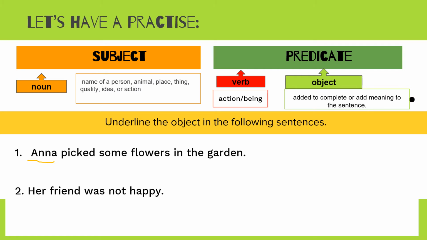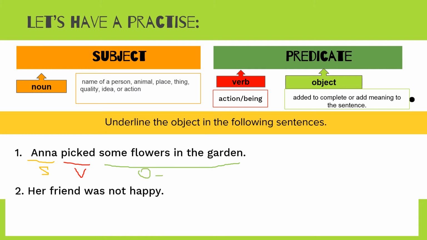Anna is the doer of the action, picked. And some flowers in the garden is an extra bit of information, so we can call this an object. Subject, Anna, picked is our verb, and our object is some flowers in the garden.